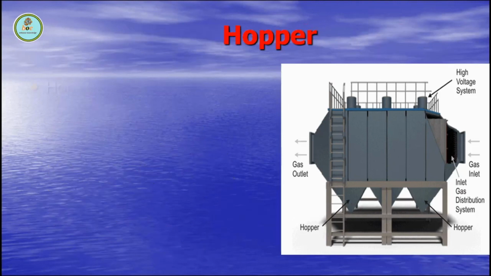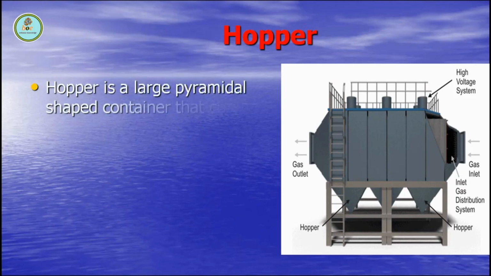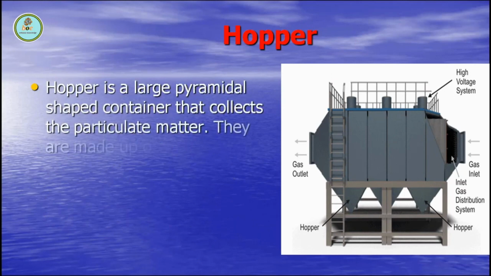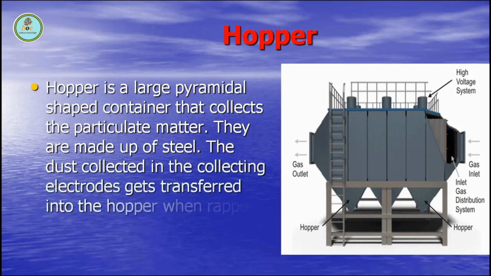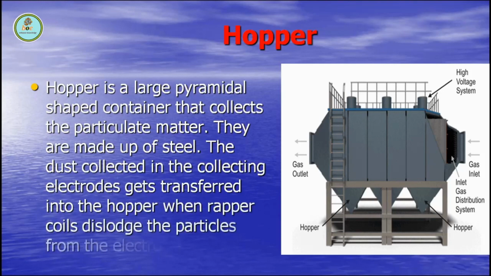Hopper. Hopper is a large pyramid shaped container that collects the particulate matter. They are made up of steel. The dust collected on the collecting electrodes gets transferred into the hopper when the rapper is operated, dislodging the particles from the electrodes.